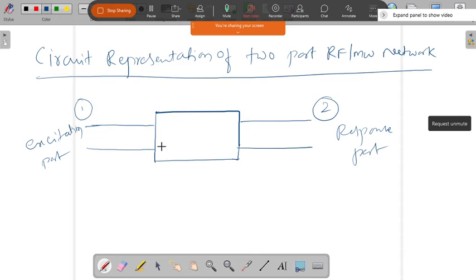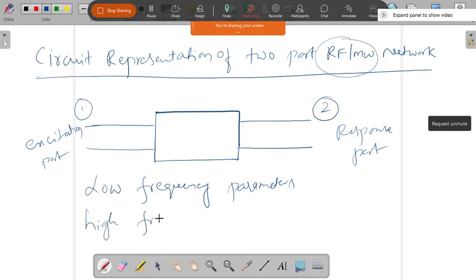Now from the circuit point of view, at low frequencies we have low frequency parameters, and similarly when you come to RF and microwave, we have the high frequency parameters. So what are the low frequency parameters and what are the high frequency parameters?